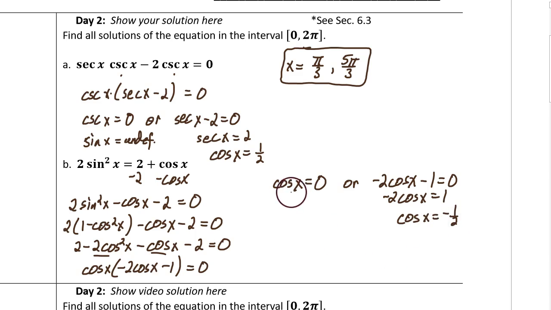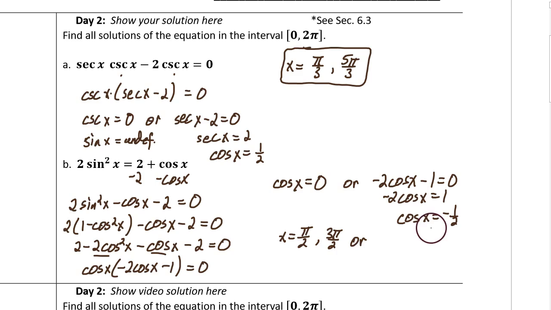Now let's do the inverse cosine on both of these equations to get the x alone. So the inverse cosine of 0. What angles in the interval 0 to 2 pi have a cosine value of 0? There are 2 of them. That occurs at pi over 2 and at 3 pi over 2.